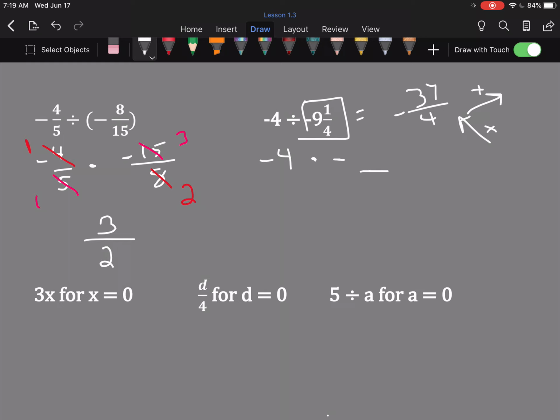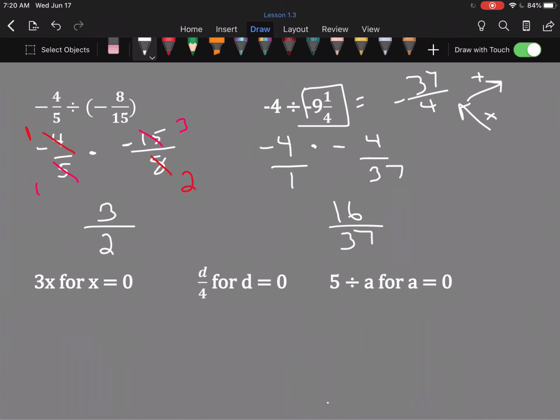Now we are flipping this because it was a division problem and I need it to be a multiplication problem. If it makes you feel better, you can absolutely put that first negative 4 over 1, and now you're multiplying. Negative 4 times negative 4 is positive 16. 1 times 37 is 37. And yes, we're going to leave that as it is.